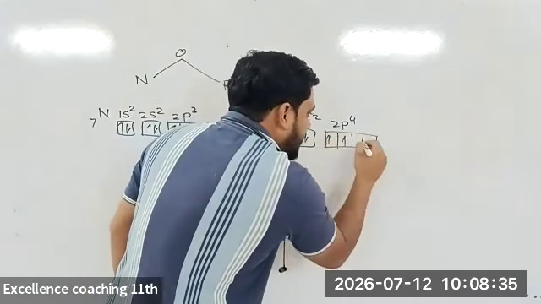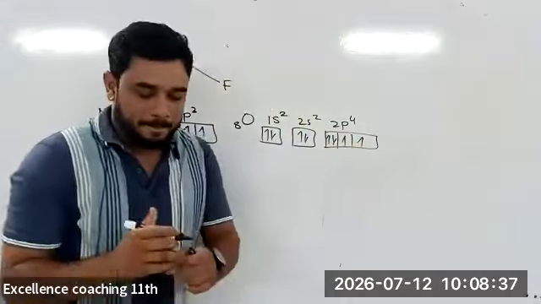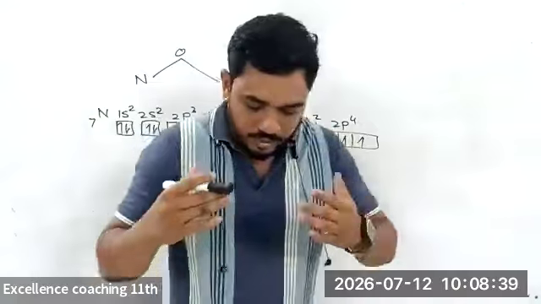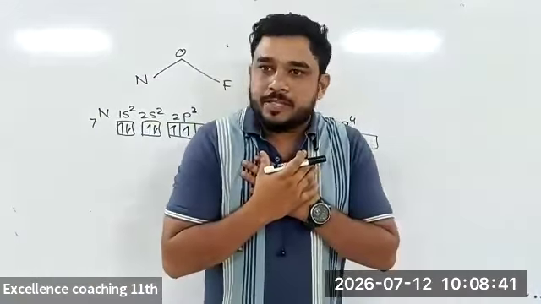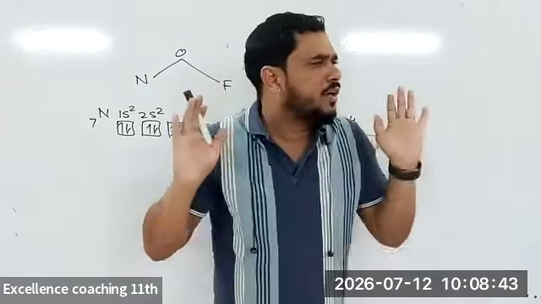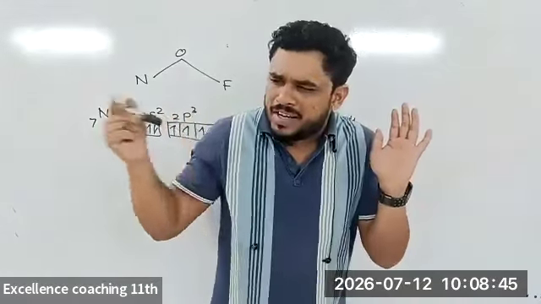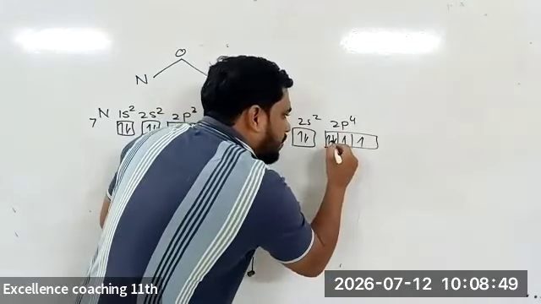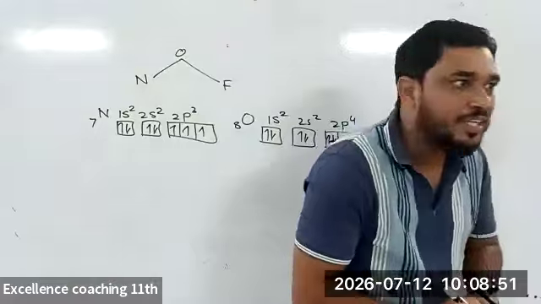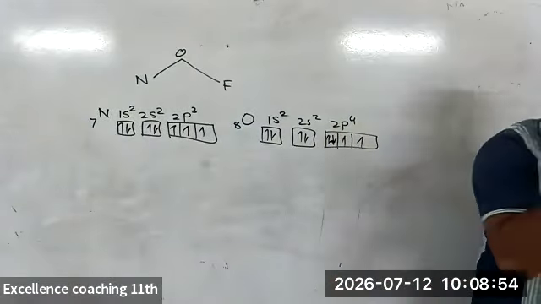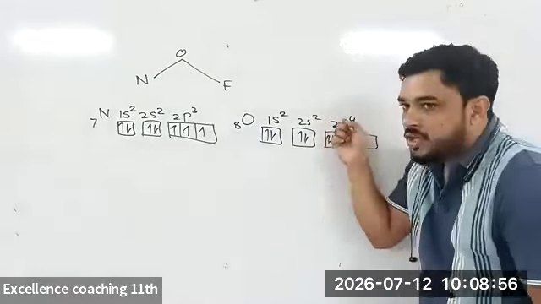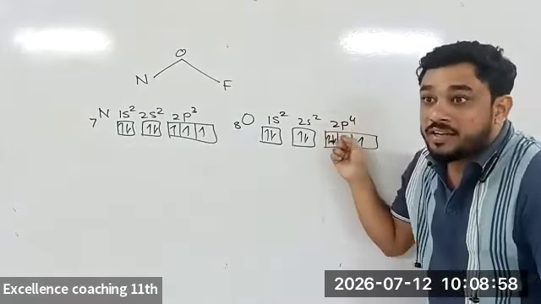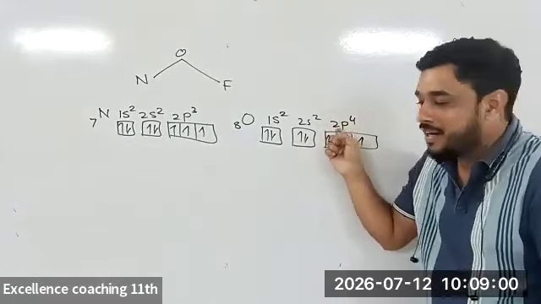1, 2, 3. Now what happens, students? If I am a 2p subshell with 3 electrons, and one more electron comes in, electron repulsion starts. Electron has a negative charge, yes or no? So the electrons are increasing.